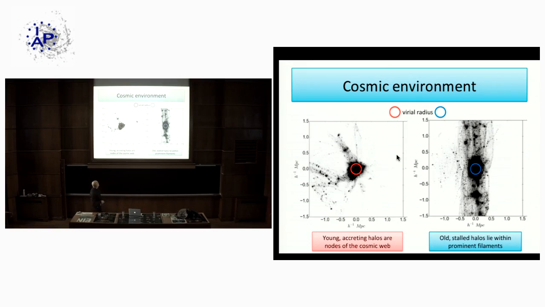And what you find is that halos of the first kind are in knots of the large-scale structure, which are surrounded by rather thin filaments compared to their virial radius.